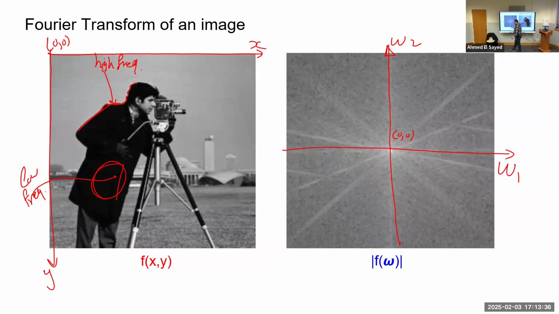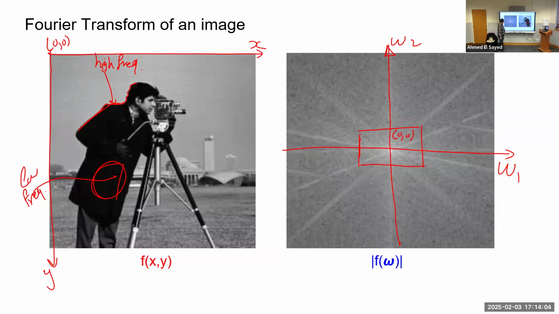Now, I want to apply the concept of frequencies I just explained in signals here. If I want to design a low pass filter, this means I will allow the frequencies next to the 0 and block anything far.